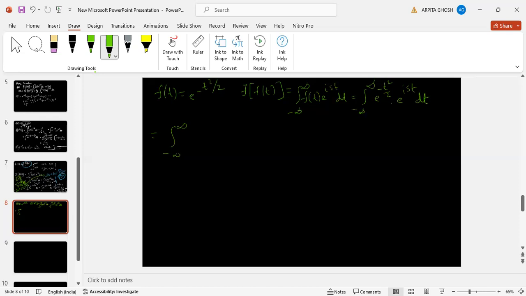First, let us write it in this form, e to the power minus t square by 2 plus ist dt. How should I proceed? The first part has minus t square by 2, so how do we proceed? Any idea how to proceed?